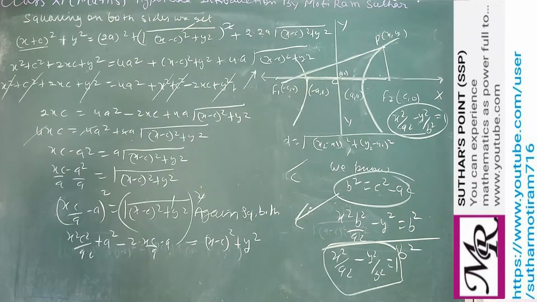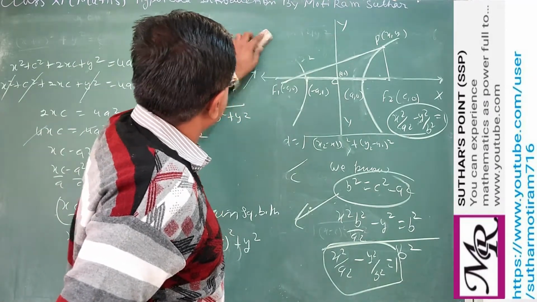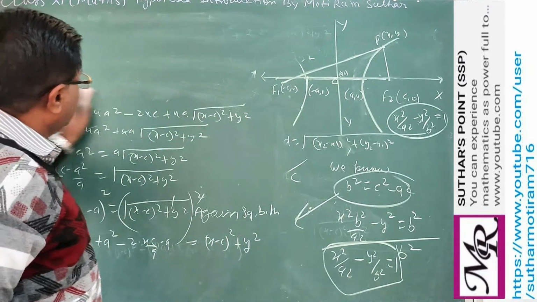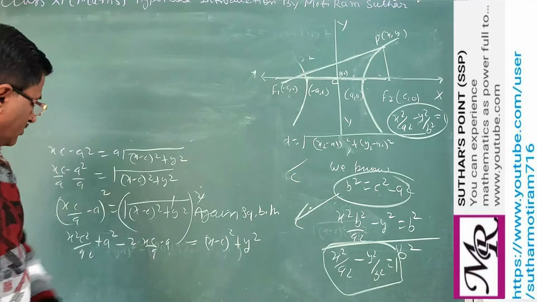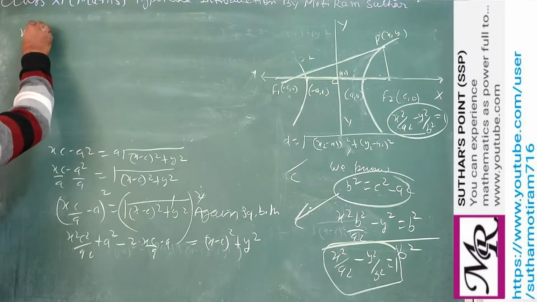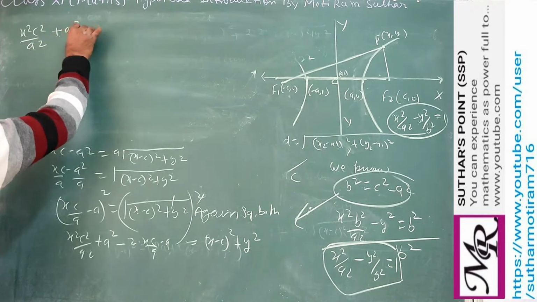Now further we simplify this. See how we solve this. For the simplification, this remains the same. Left side: x square c square upon a square plus a square minus 2xc.